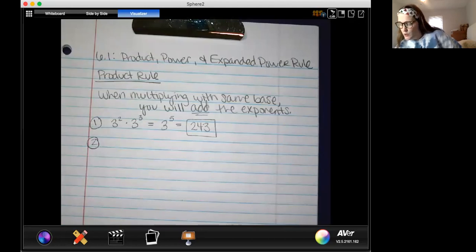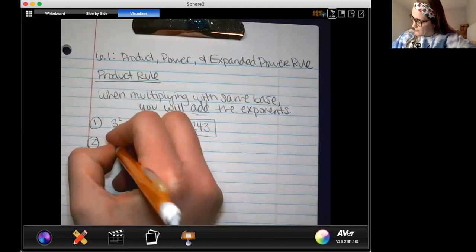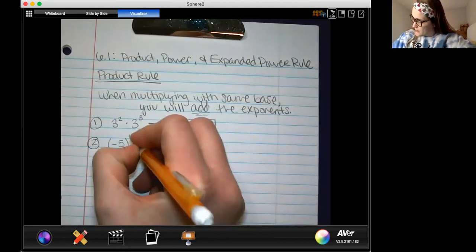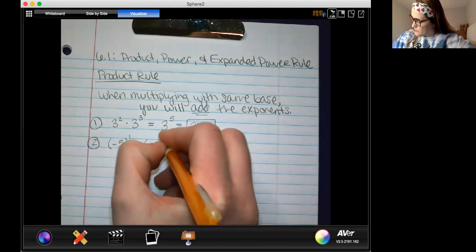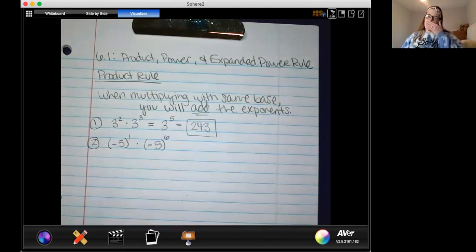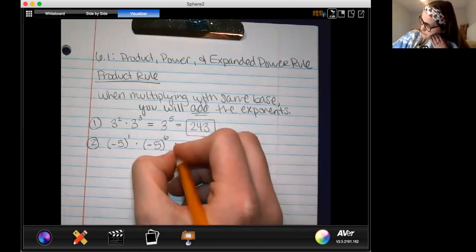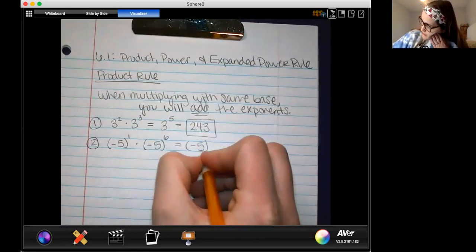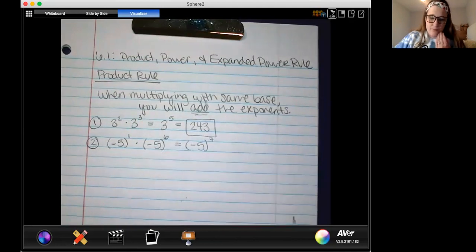All right, number 2. Quantity -5 to the first power times quantity -5 to the 6th power. All right, now, when you have a negative base, it's important they use parentheses. So this would become -5 to the 7th.